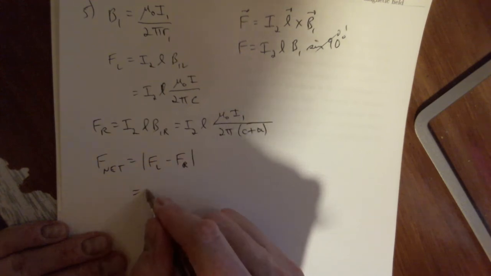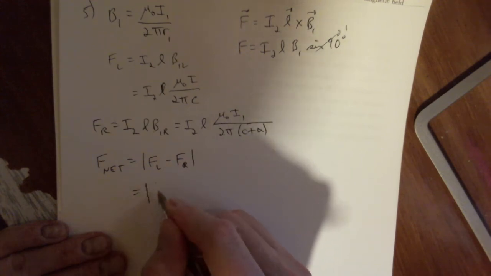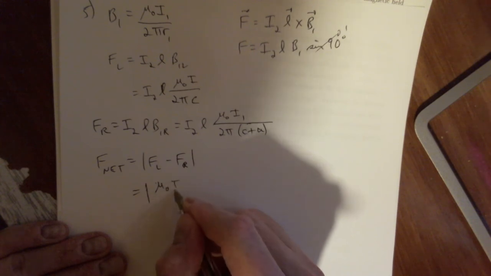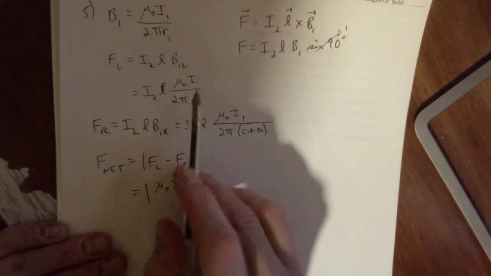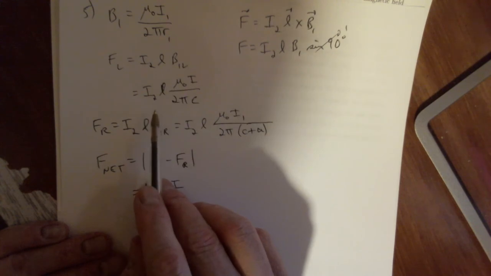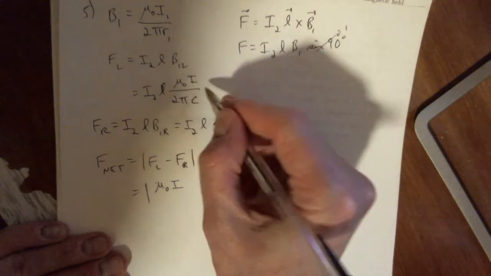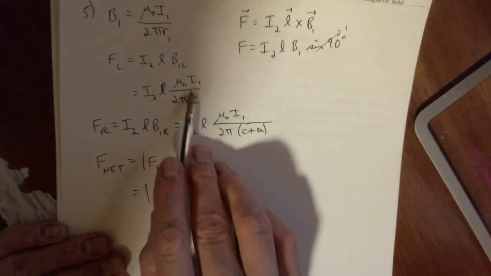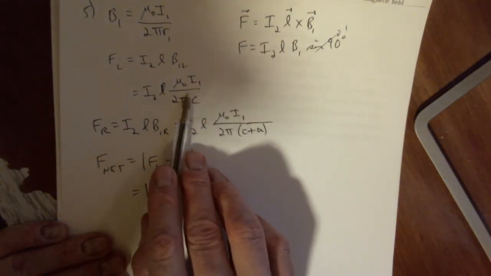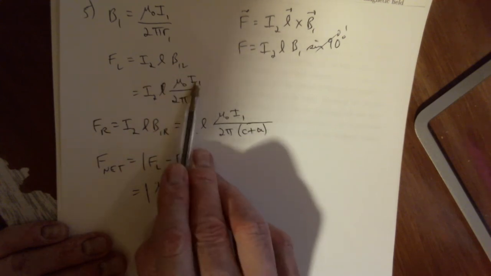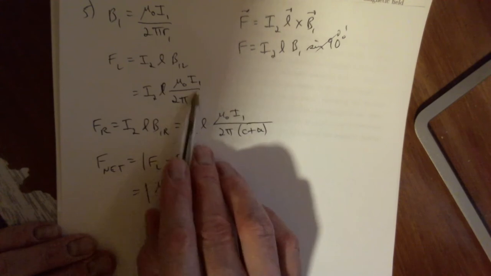So I'm going to say mu sub naught I, and the I here is, sorry, it's I1. I dropped the 1 there because this is from the B field. The B field is due to current 1. So it's I1.